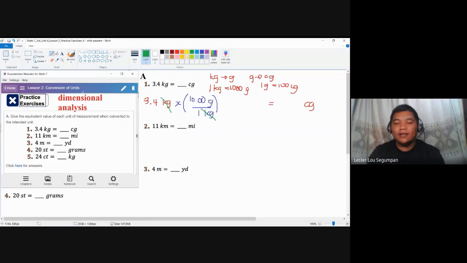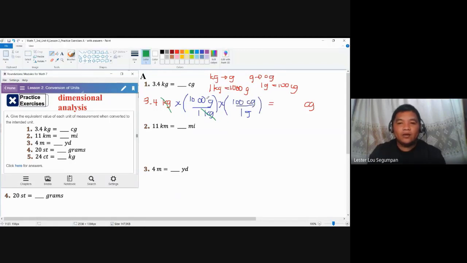But we are not yet done because what we wanted is centigrams, not gram. To complete that, we can multiply here again the conversion factor for gram to centigram. So you have here an expression in such a way that we could cancel grams. So 1 gram is on the denominator, and you have here 100 centigram.